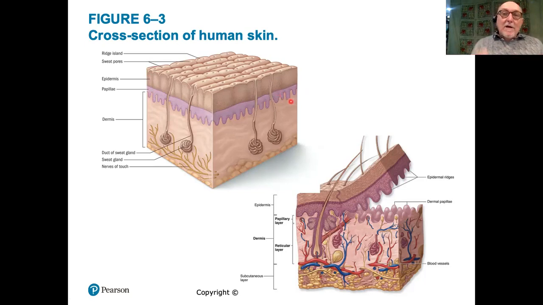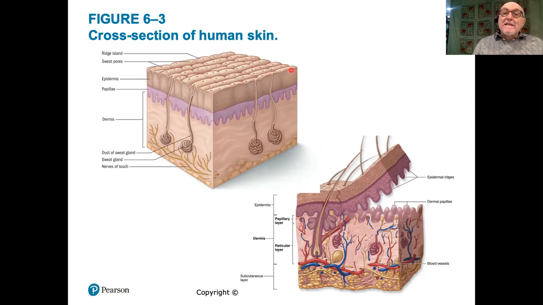When we look at how the skin is organized, particularly on the fingertips, we see that it's organized into these islands like this. Can you see there and there and there? Each of those islands has a sweat gland which empties out through a pore.